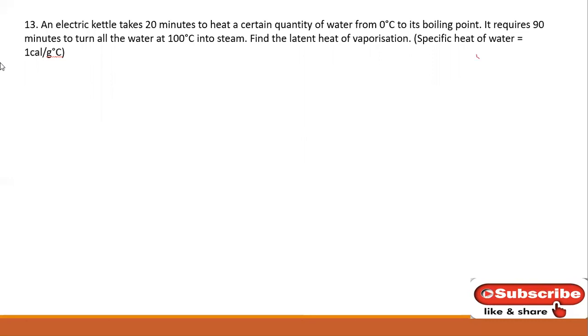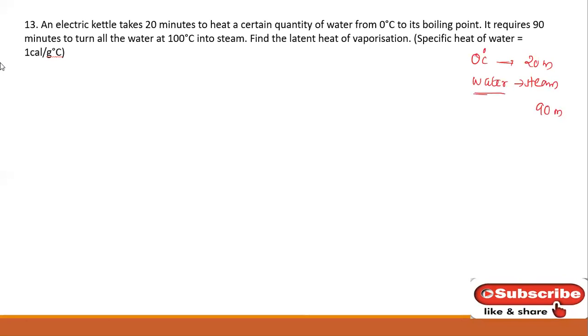So to convert from 0 degrees Celsius to 100 degrees Celsius, its boiling point, it will take 20 minutes. And to convert water into steam, it will take 90 minutes.